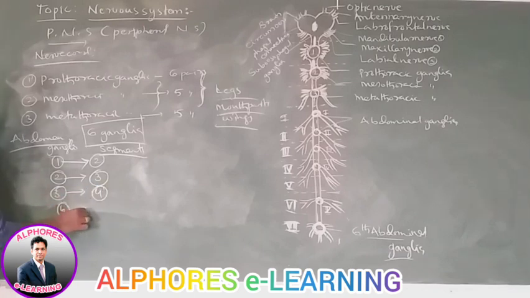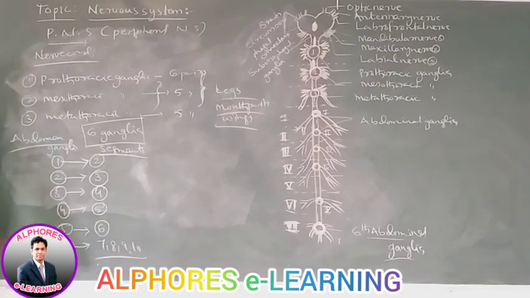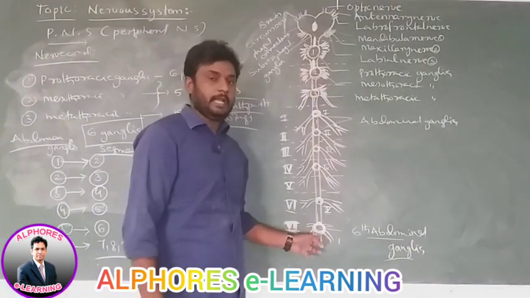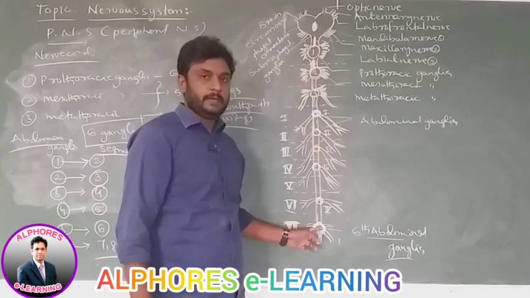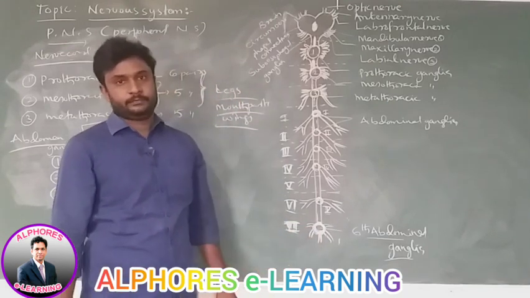Fourth ganglia gives off nerves to the fifth segment. Fifth ganglia gives off nerves to the sixth segment. Then the sixth ganglia gives off nerves to 7, 8, 9, 10 segments. The sixth ganglia is the largest ganglia, present in the seventh segment, that supplies the nerves to 7, 8, 9, 10 segments.